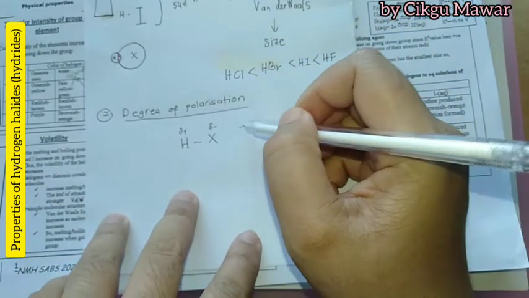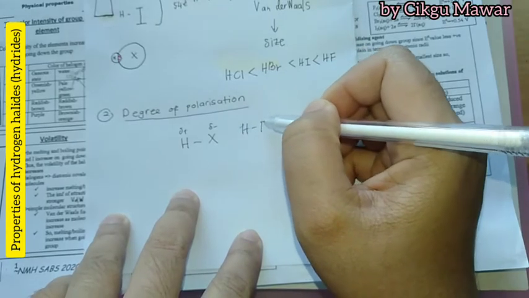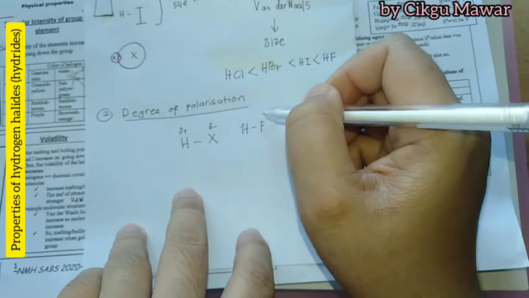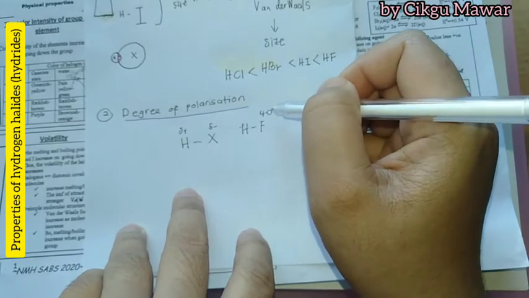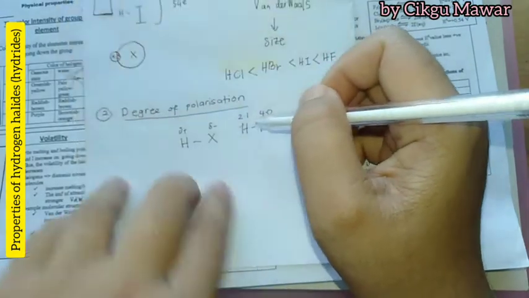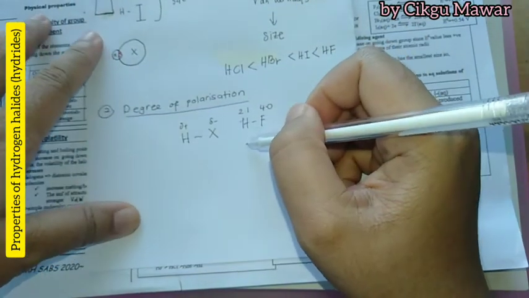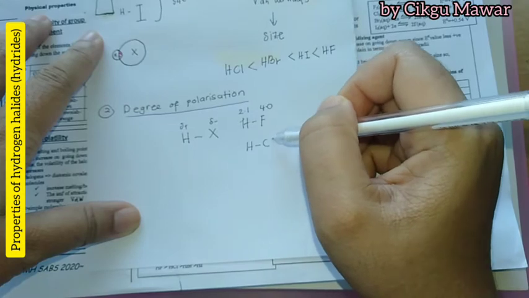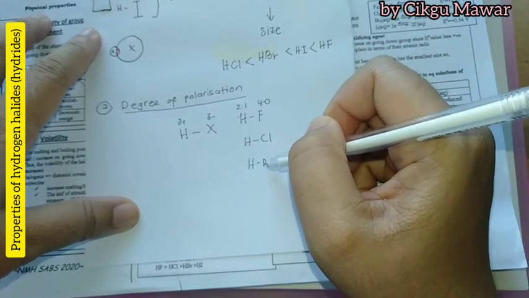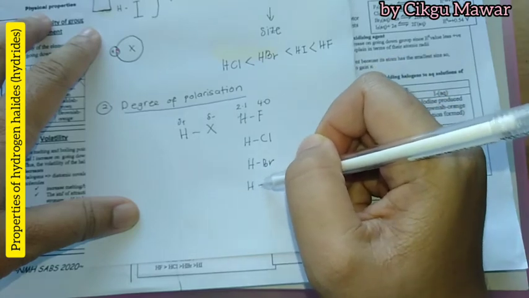Now, referring to degree of polarization, you can see that hydrogen fluoride has the highest difference of electronegativity because fluorine has 4.0 and hydrogen has 2.1. So the difference here is the highest, followed by hydrogen chloride, then hydrogen bromide and hydrogen iodide.